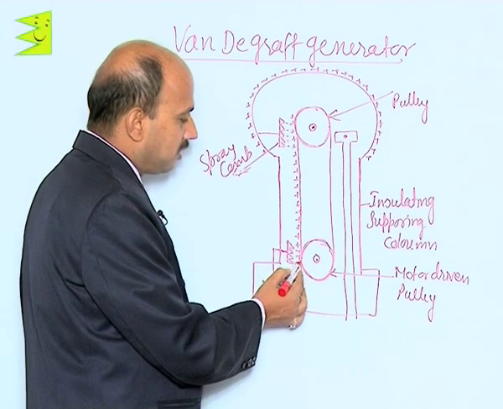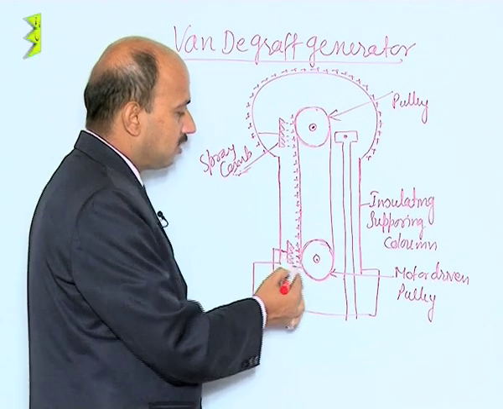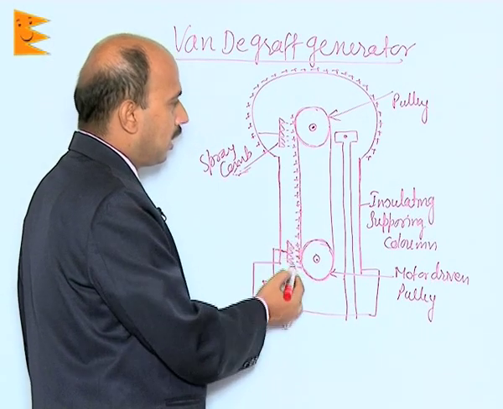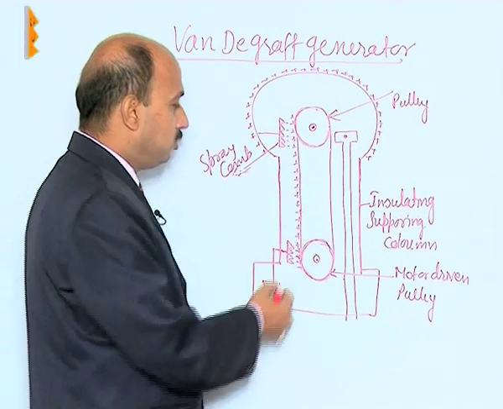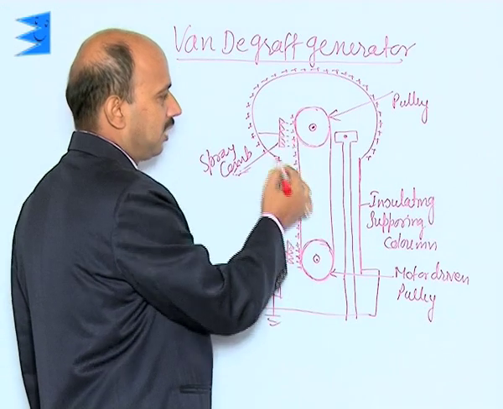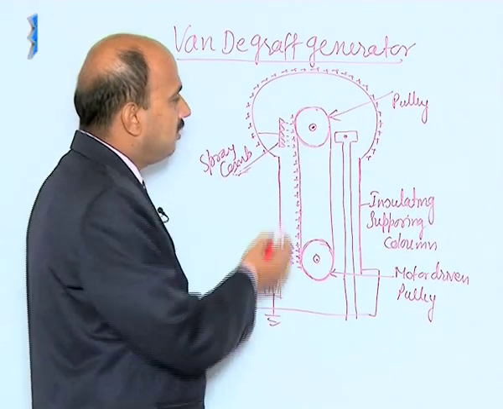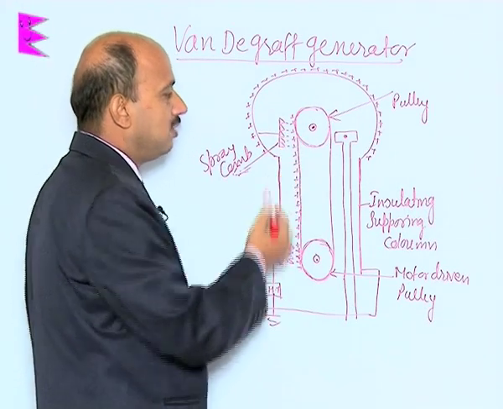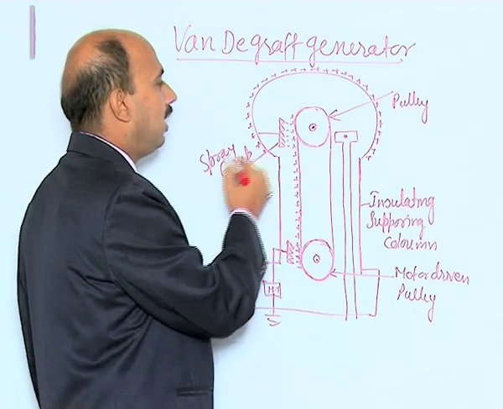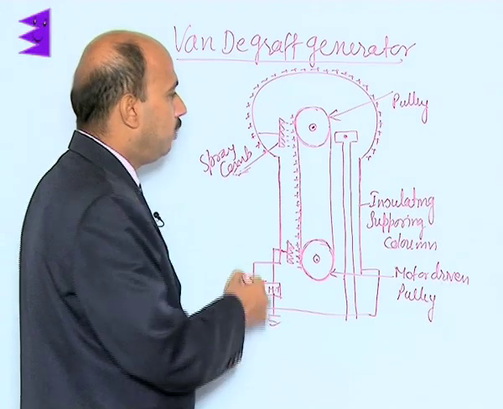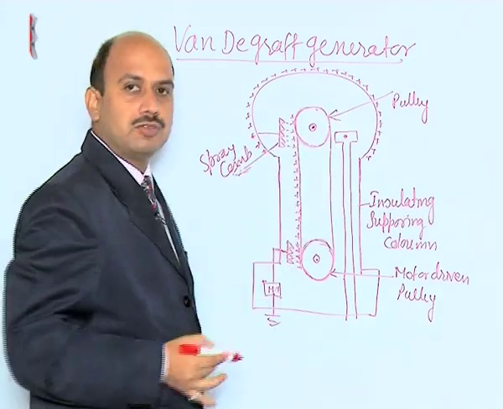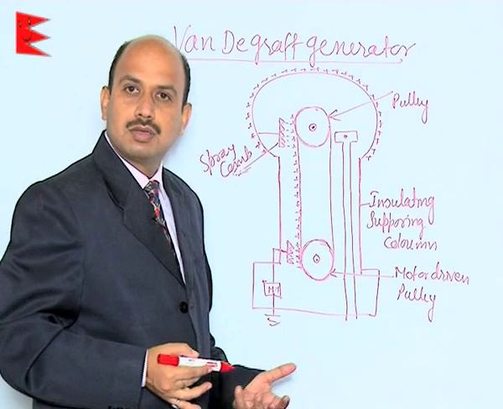These positive charges stick to the conveyor belt, and as they come up with the belt, again corona discharge takes place here. The negative charges here neutralize these positive charges, and on this side positive charges keep on collecting. In this way, more and more positive charges are collected on the surface of the hollow sphere.